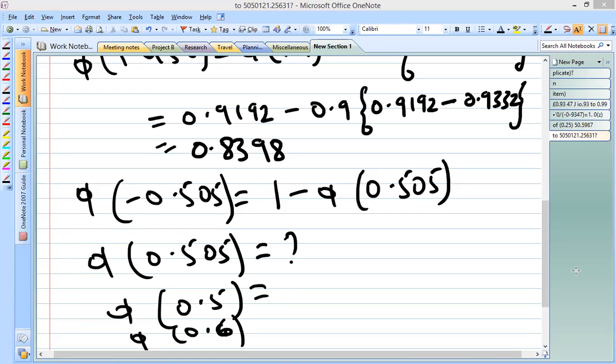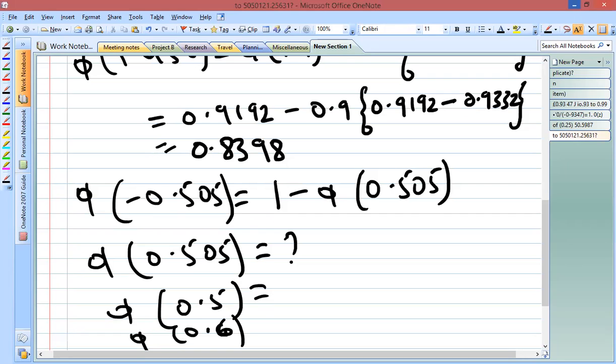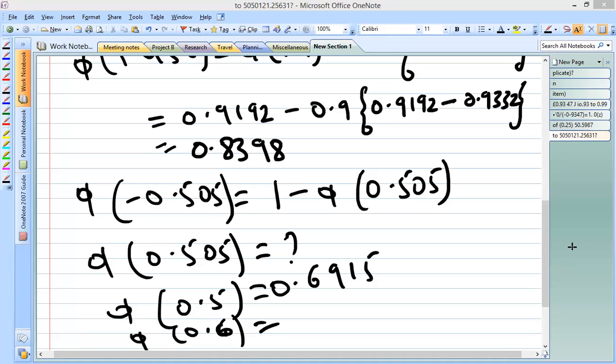So use those values and get the phi of 0.505 value.